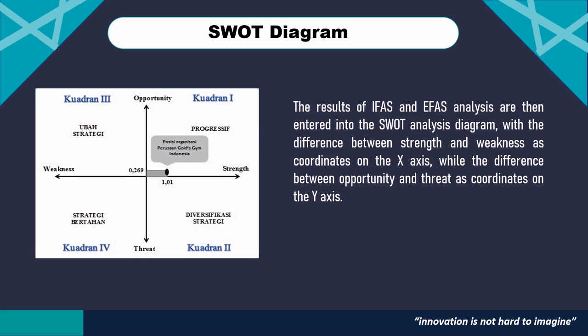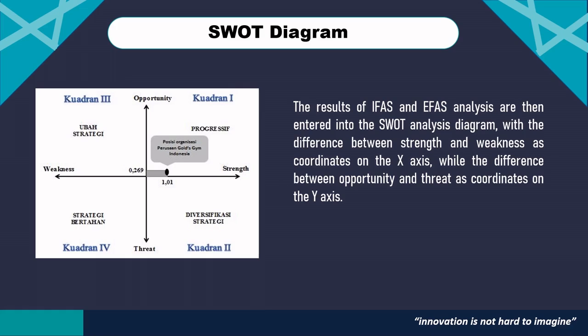The SWOT analysis diagram has 4 quadrants. Quadrant number 1 is the best position because the company is in a region that is strong and has opportunities. And then the second quadrant: the company has internal strength, but on the other hand faces several obstacles from outside threats.